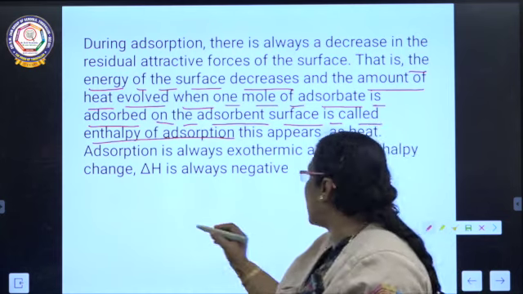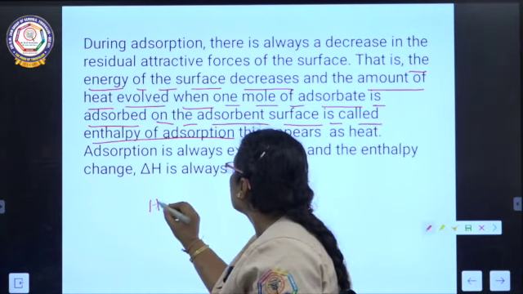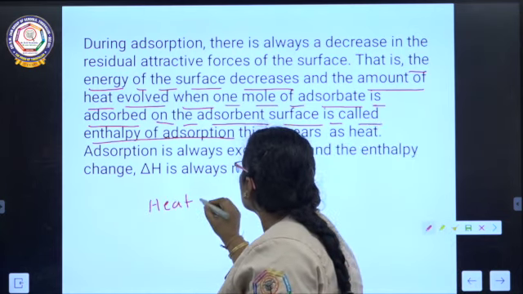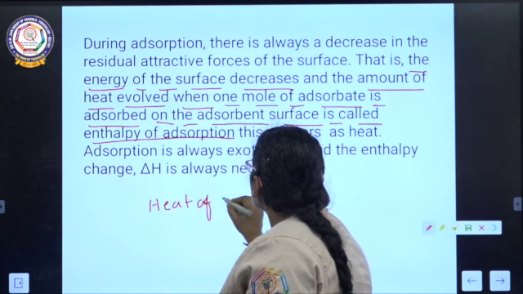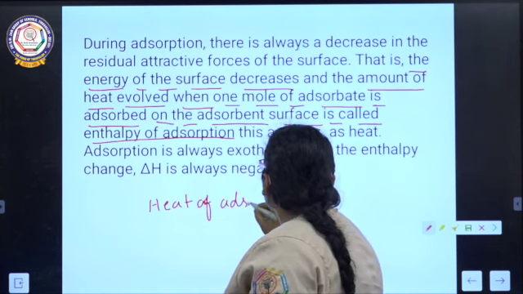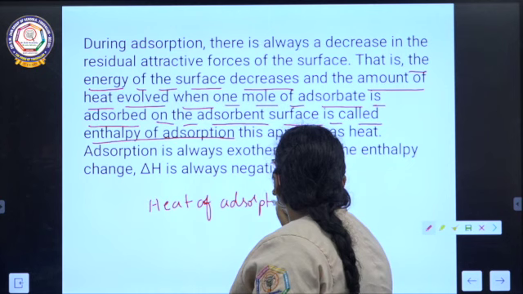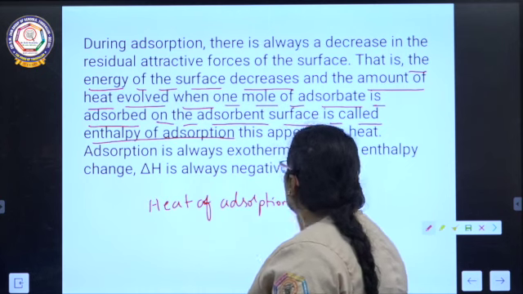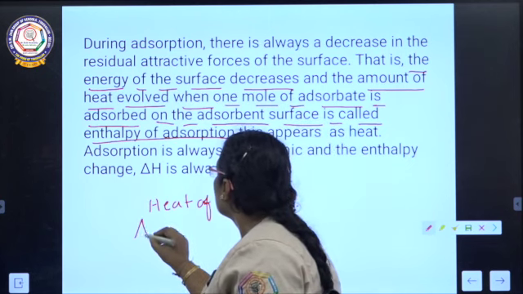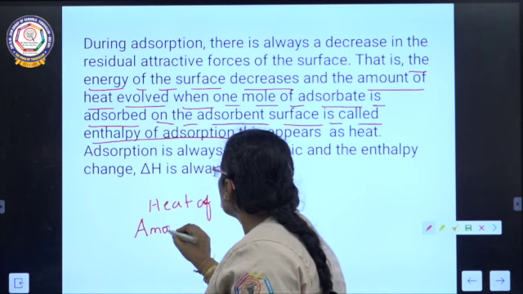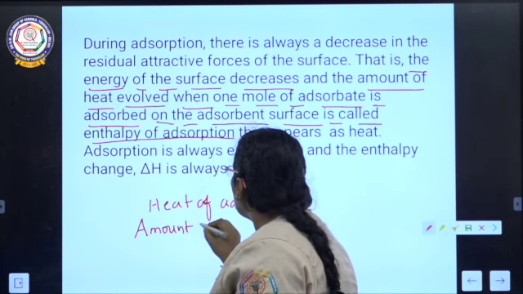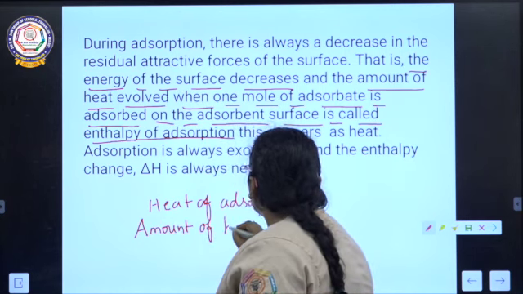So, what is heat of adsorption actually?